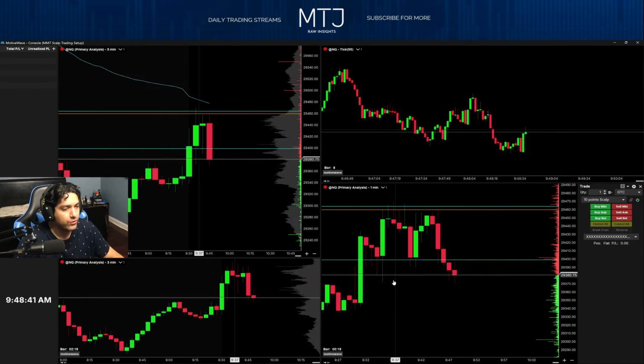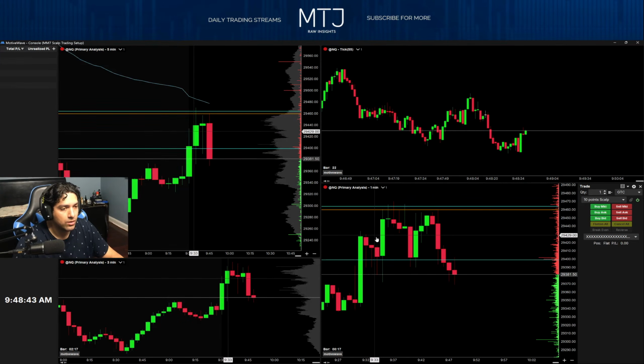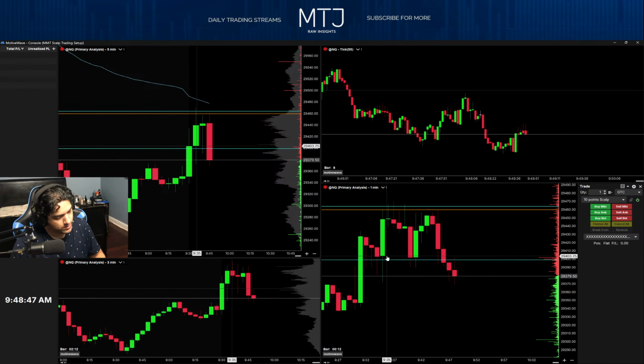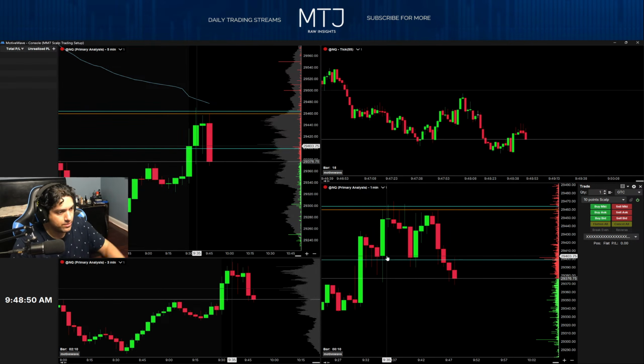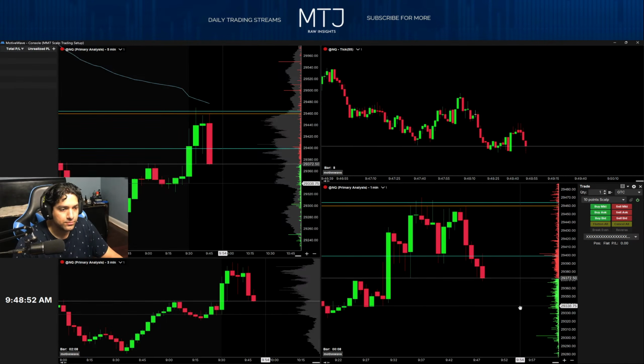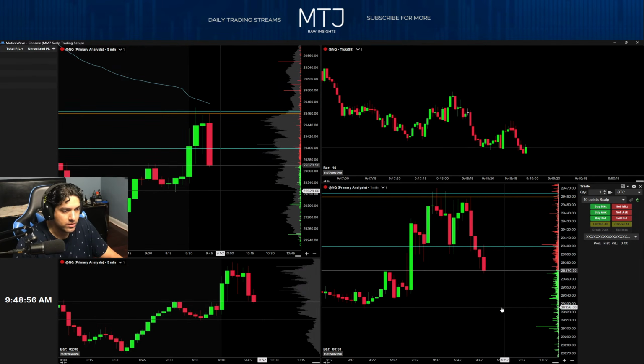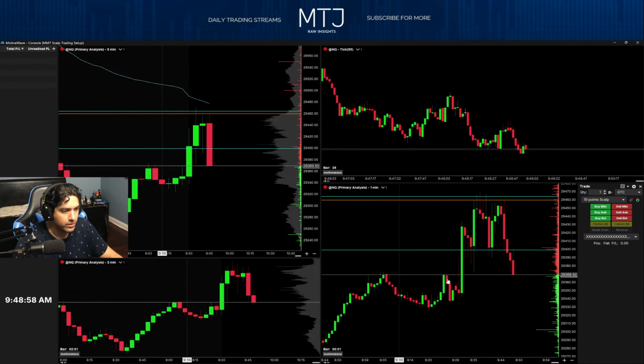Okay, we are getting to the bottom of that previous wick, which was the second 5-minute candle wick, and we're trying to fill that up. Any supports here? Not really. Not a really good support. A little bit of support from the pre-markets here.